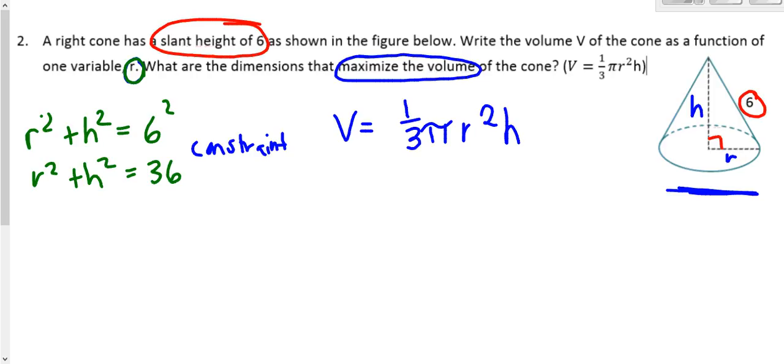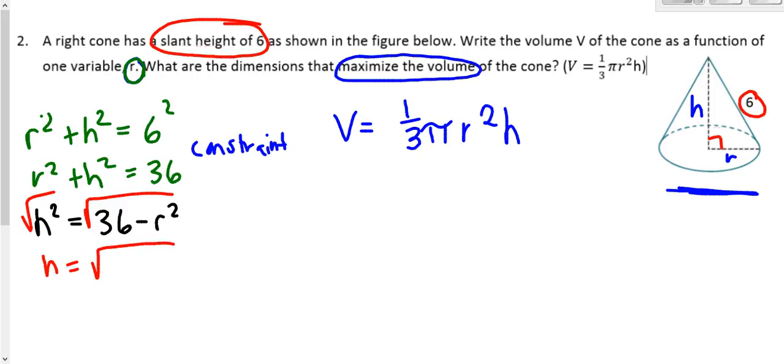So subtract r squared. So h squared is equal to 36 minus r squared. And then we have to take the square root. So h is equal to the square root of 36 minus r squared. Then we can bring that up here.